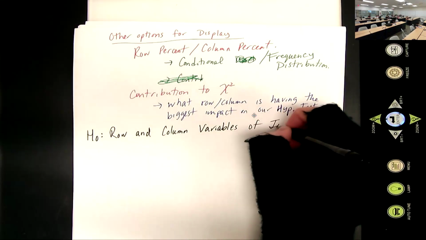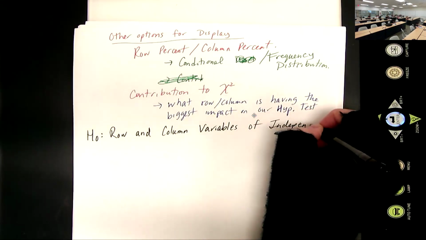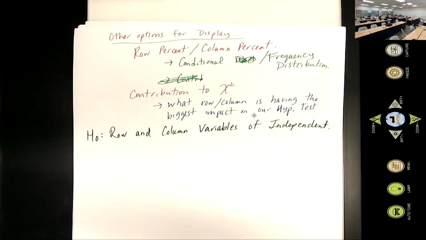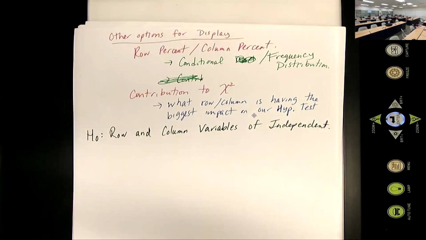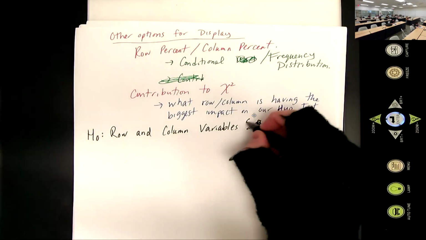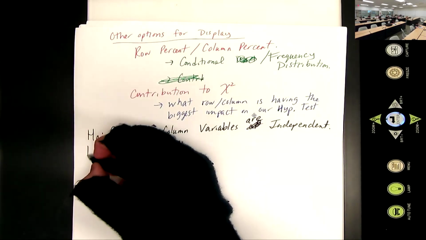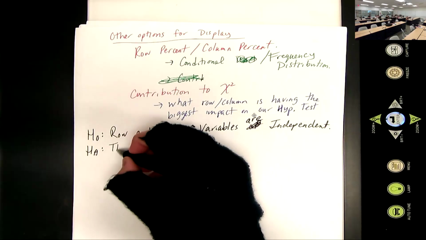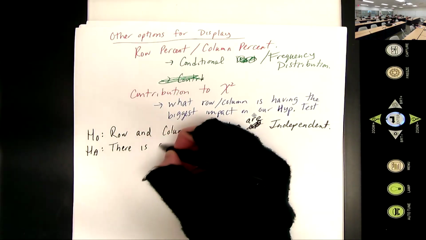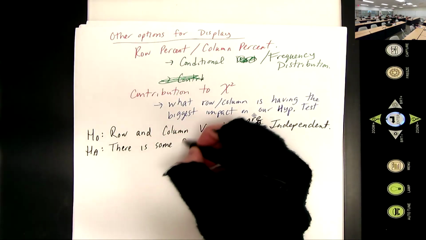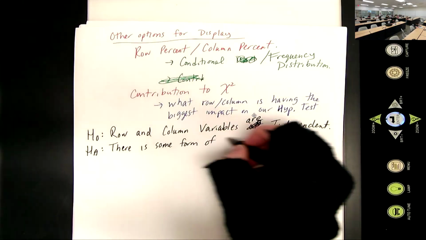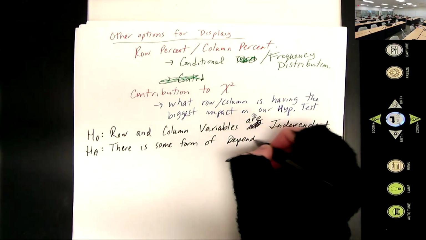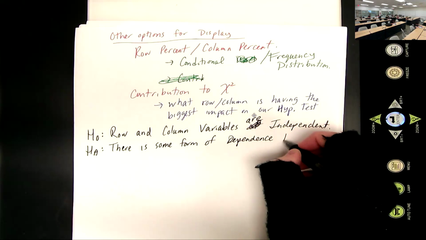When you actually do it, for H naught you'll discuss what the groups are and what the categories are. You'll see. And then H A: there is some form of dependence between rows and columns.